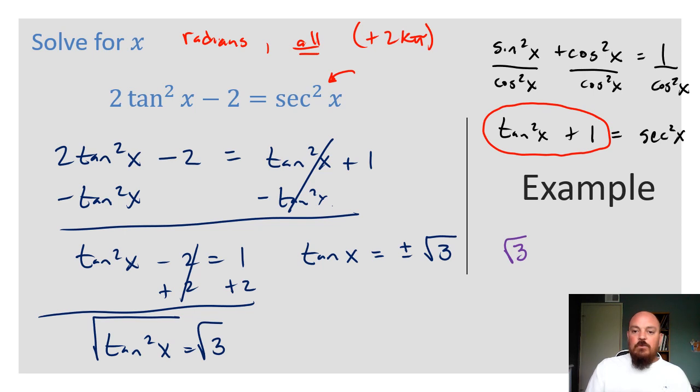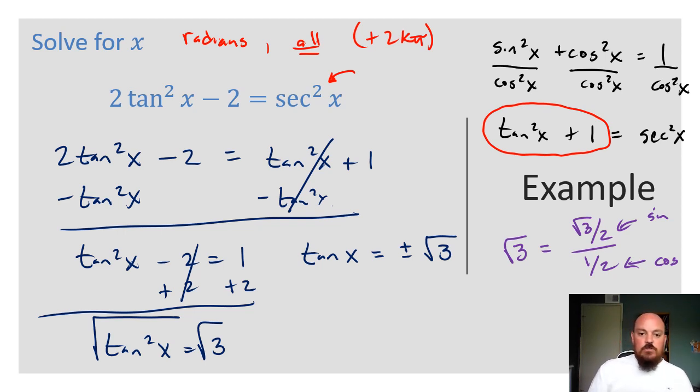Now a radical 3 comes from having square root of 3 over 2 over 1/2. Because the 2's would cancel, you would get radical 3 over 1, which is radical 3. So if tangent is radical 3, that's because sine is radical 3 over 2, and cosine is 1/2.